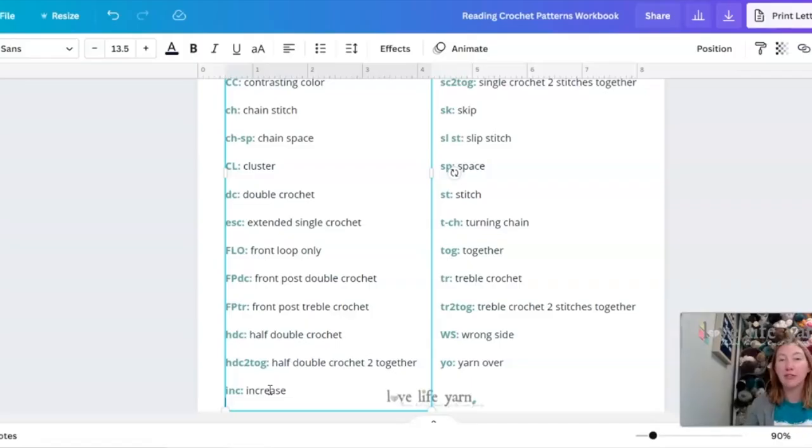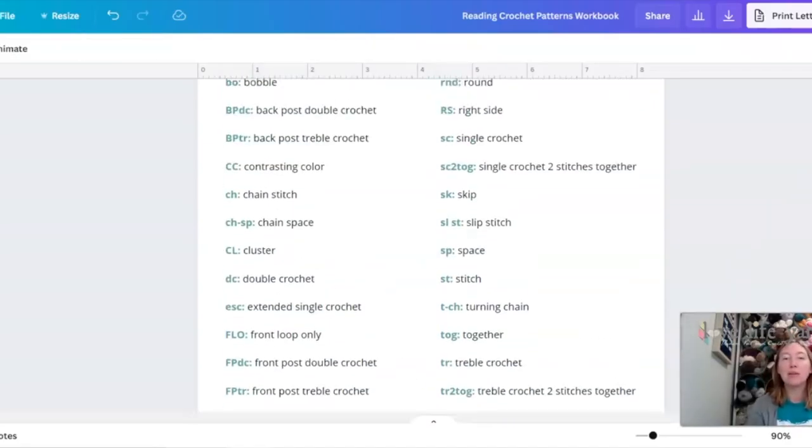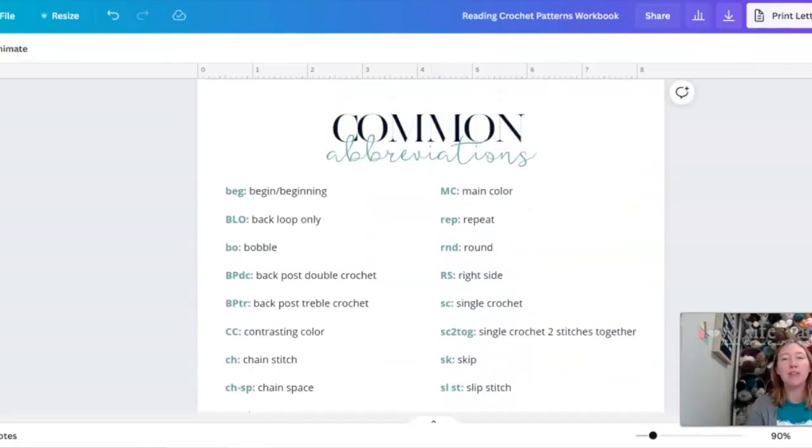And so I've specified in the stitch instructions that an increase is 2 single crochet in the same stitch. So typically that's what you're going to see when you see an increase used. It's not always. It may just say 2 single crochet in next stitch, but sometimes people like to abbreviate it, and it depends for me. If I use it a lot, like in that doll pattern, I went ahead and used the abbreviation.